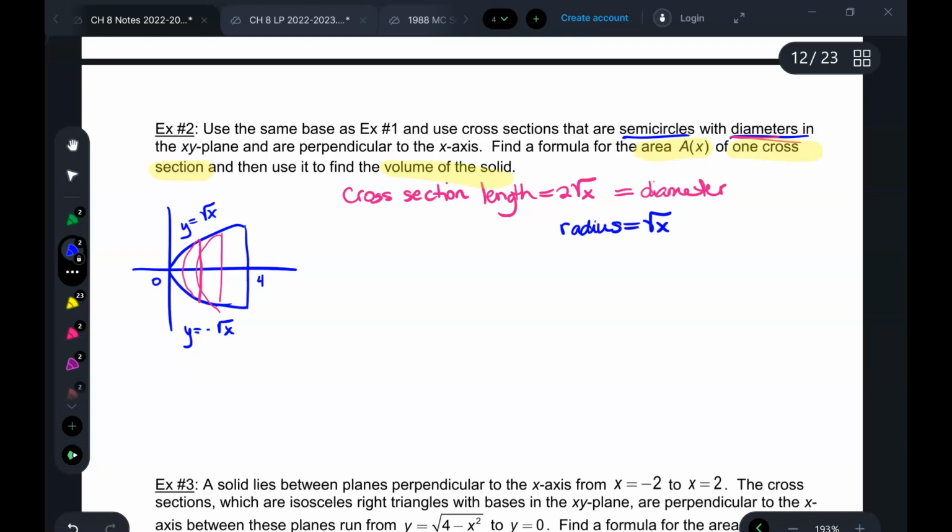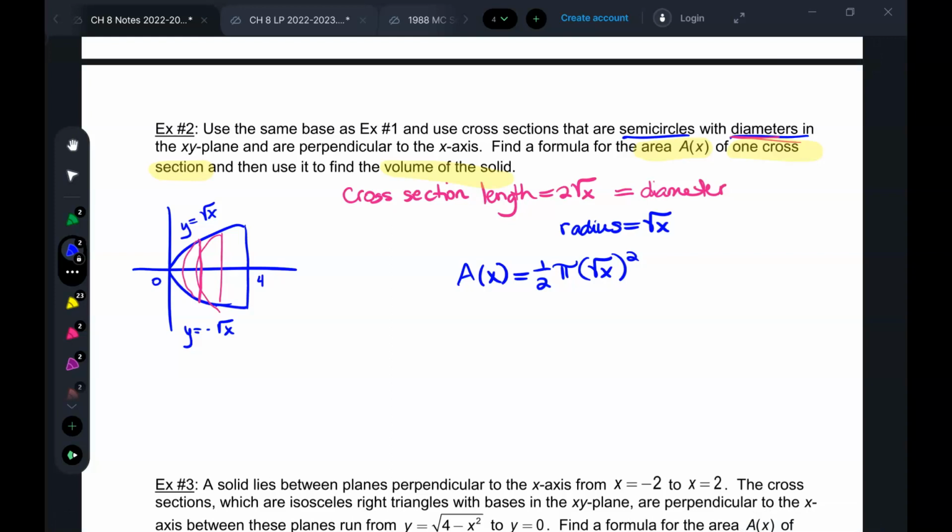And we need that because the area is, good. So A of x is 1/2 pi radius squared. So it's just going to be what? Half pi x. Good.